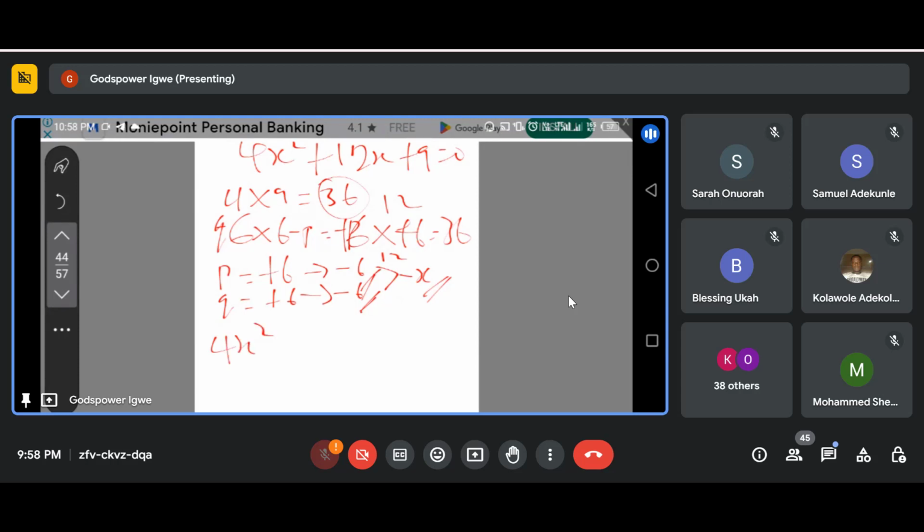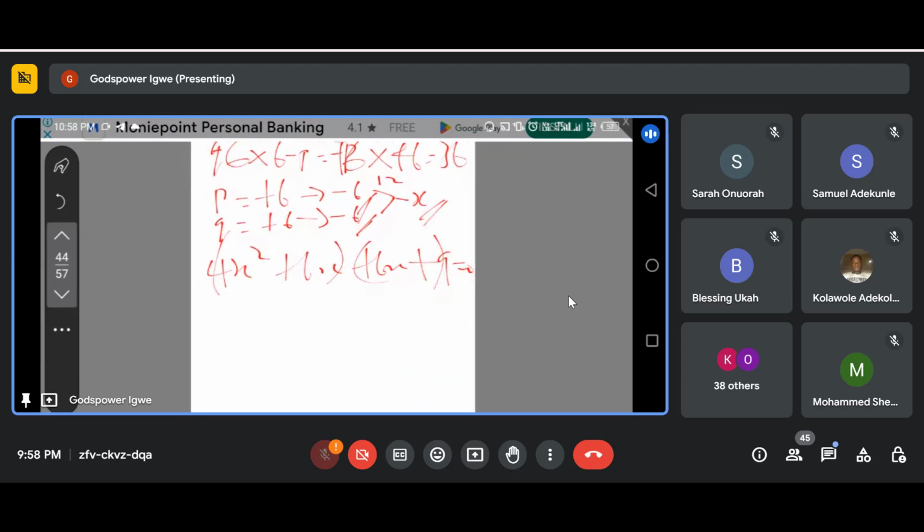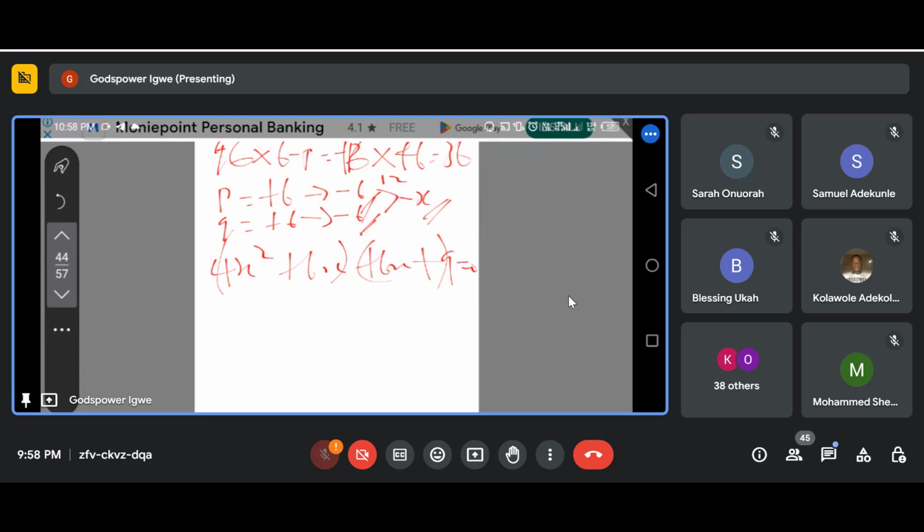This is 4x squared. Then we have plus 6x, then plus 6x, then we have plus 9 equal to 0. We bracket these two out. We are going to have 2 bracket 2x squared plus 3x, and then we have 3, which is 2x plus what?